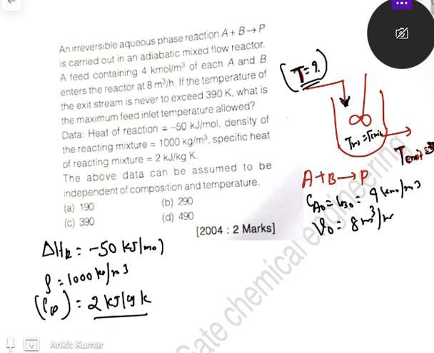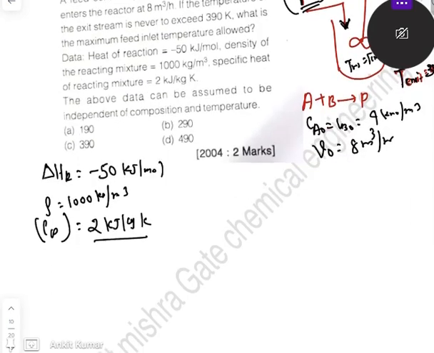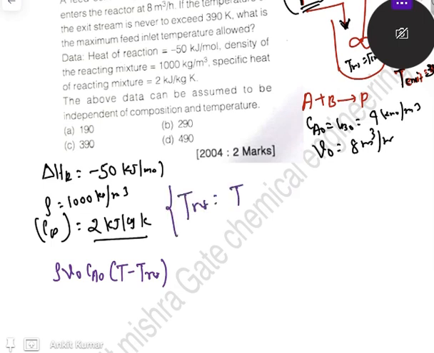So you can write rho V naught Ca naught into T minus T reference, and I'm assuming T reference equals T exit, which equals 390 Kelvin, plus delta H of R and Fa naught Xa.